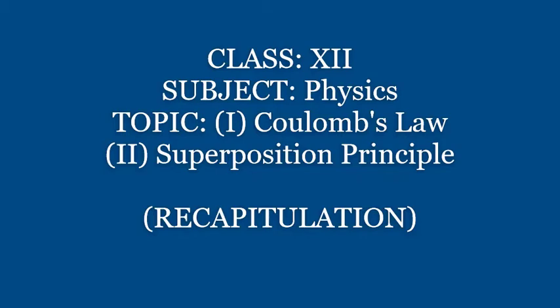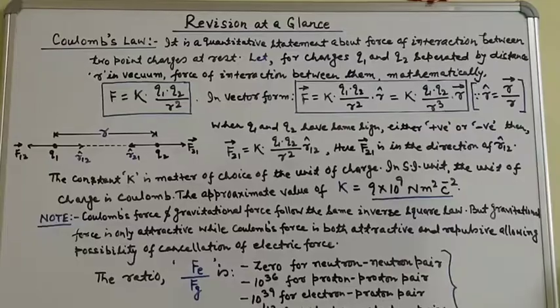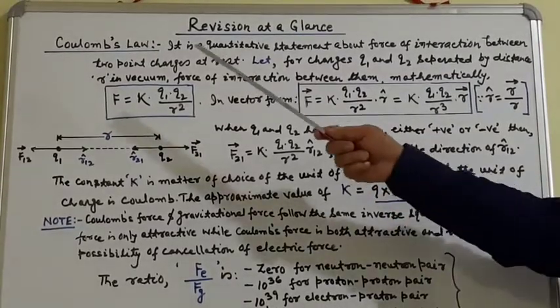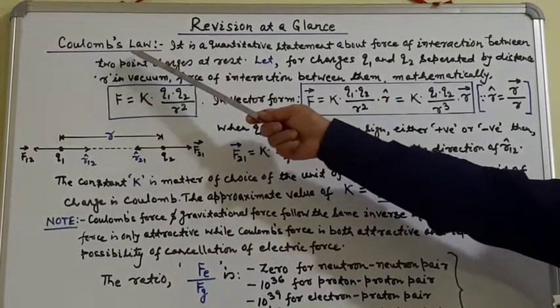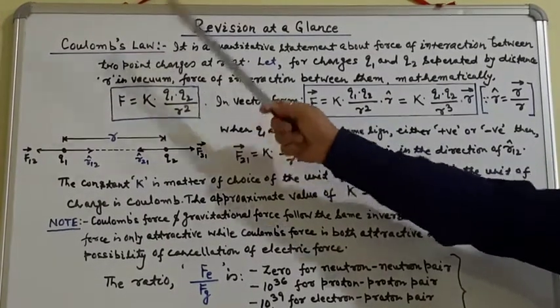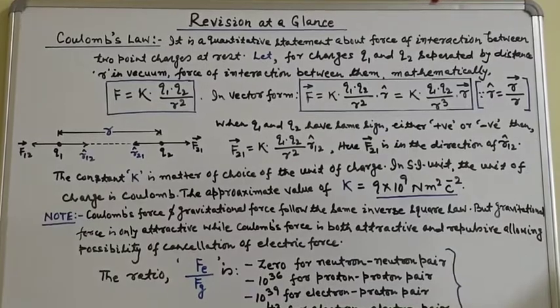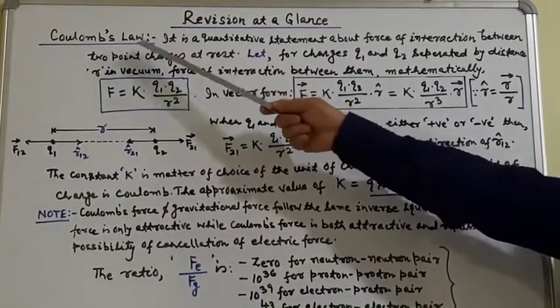In this lecture, we shall revise two topics, Coulomb's law and superposition principle. We shall start revision with the first topic, that is Coulomb's law. We shall discuss all the important points about the Coulomb's law.